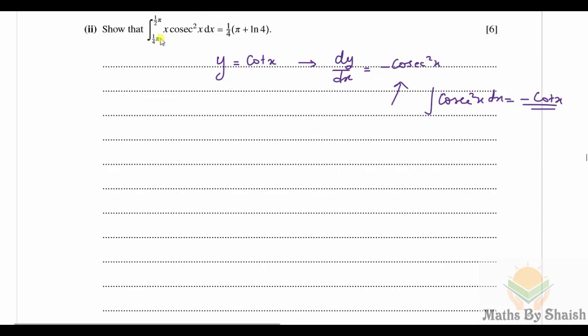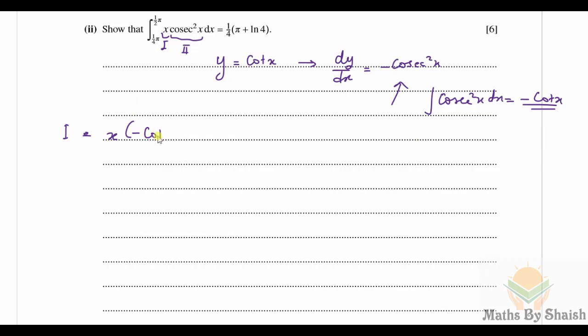So here we can see there are two functions, x and cosec square x. So we are going to do the integration by parts. First function is x and second function is cosec square x. So let's use this property. I'll take the integral as I. It is the first function as it is, that is x, times the integration of the second function, which is going to be minus cot x.